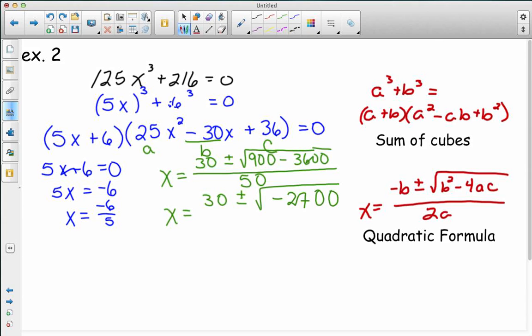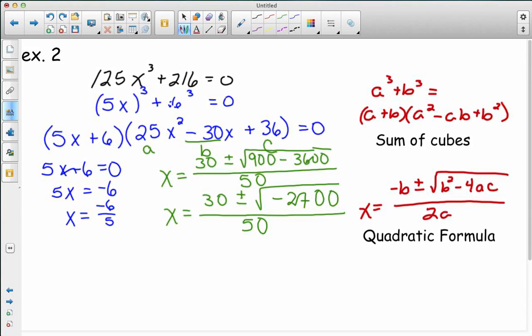And again, the whole numerator is over 50. Okay, I'm going to simplify this further, but I have to think about this for just a second. I have that square root of negative 2,700, and I need to simplify that.